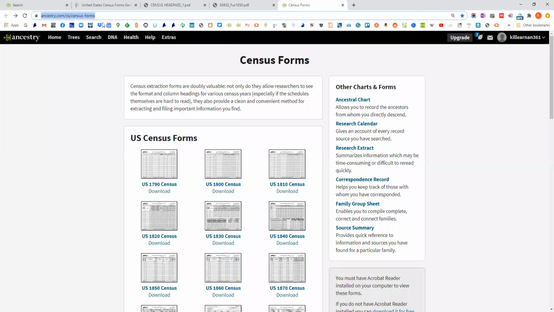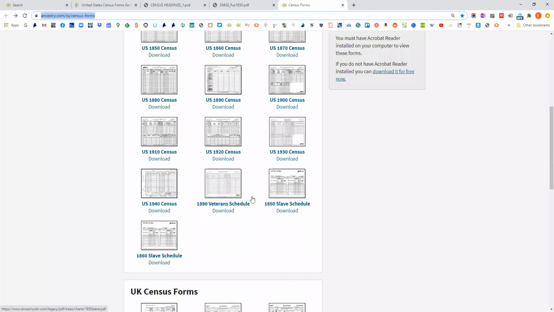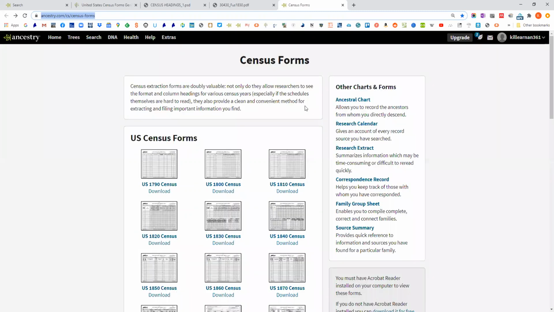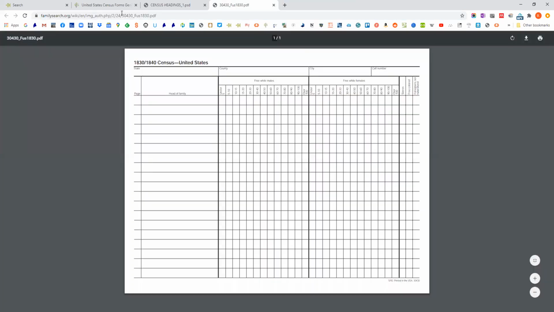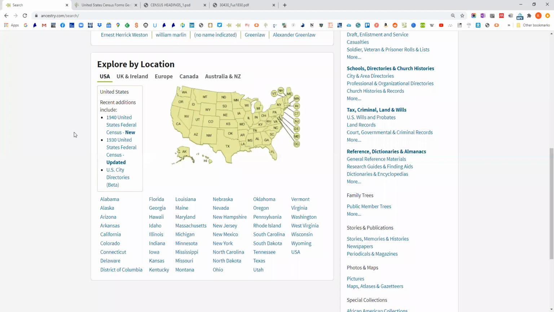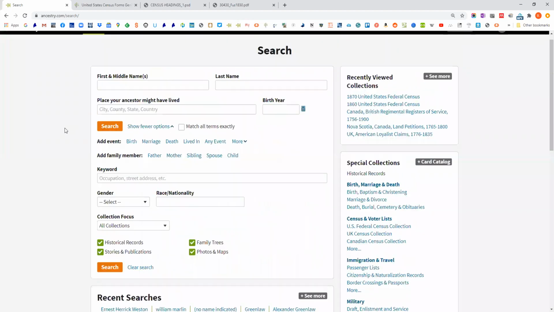But again, this is in the handout. It's the census forms. And you can download each of these to either have just as a model or to fill out if you're looking at people. So let's take a look at some of these.